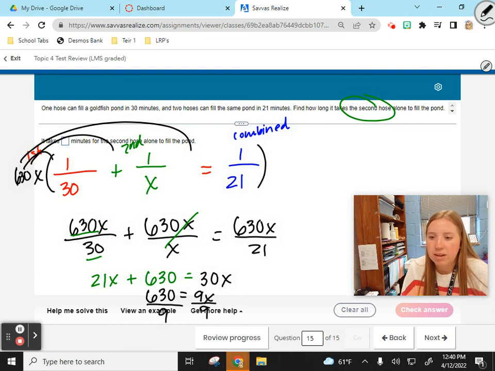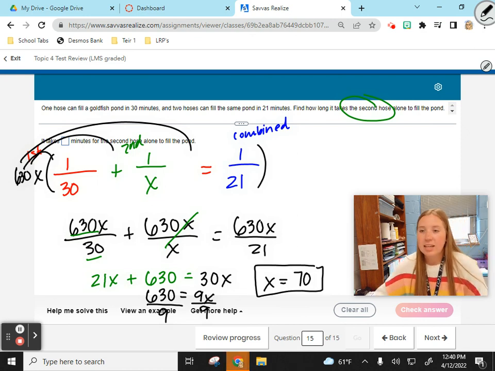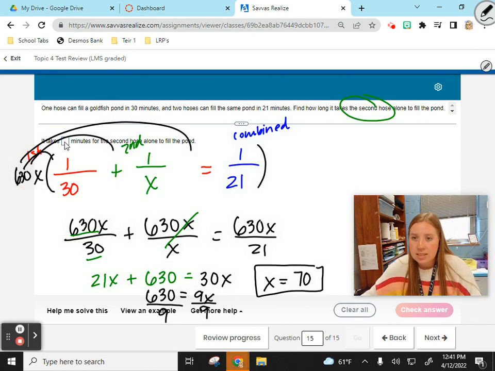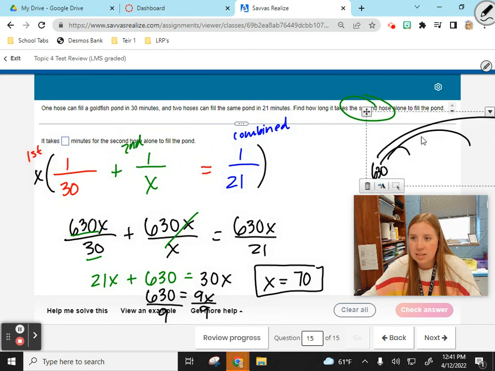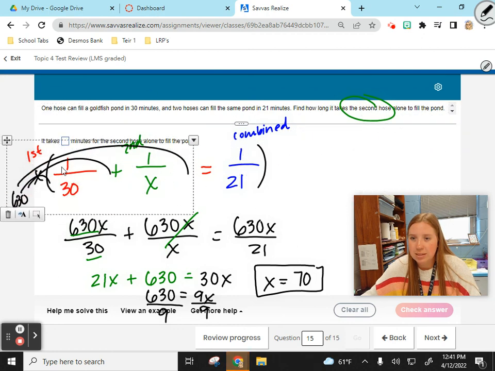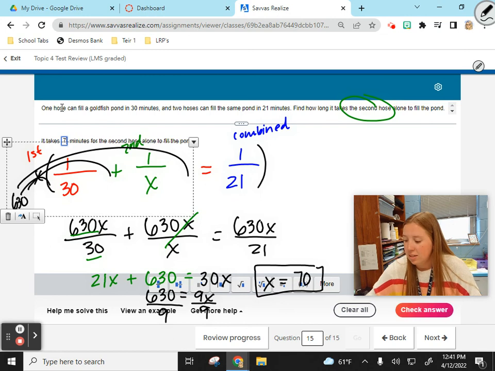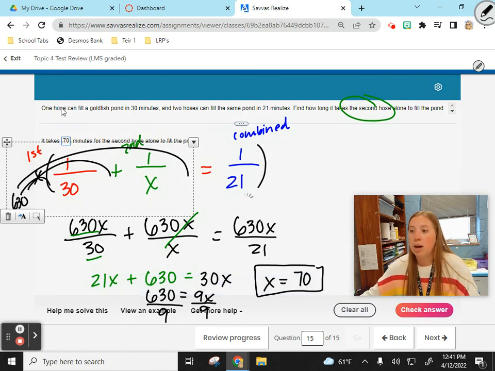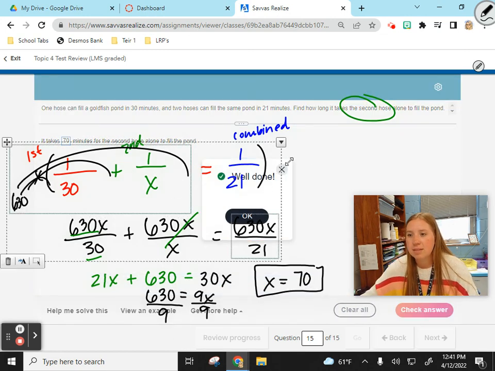And then I'm going to divide both sides by 9. 630 divided by 9 is 70. It's going to take the second hose 70 minutes to fill the pond by itself.